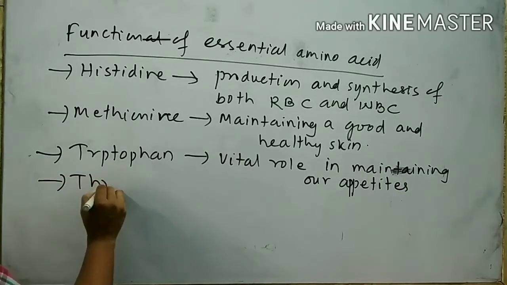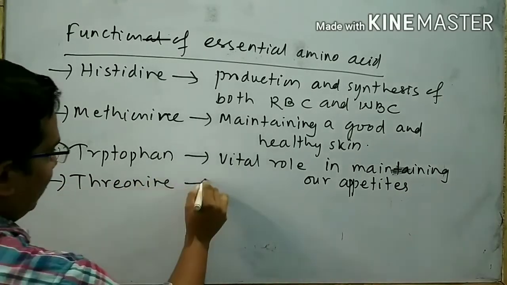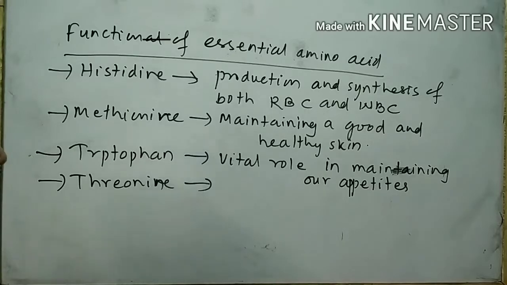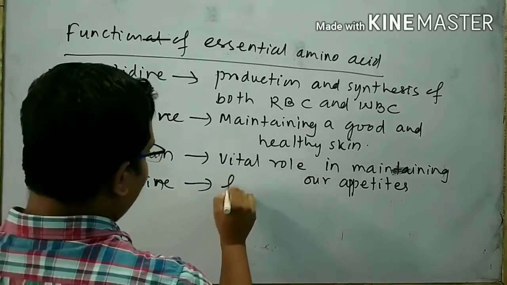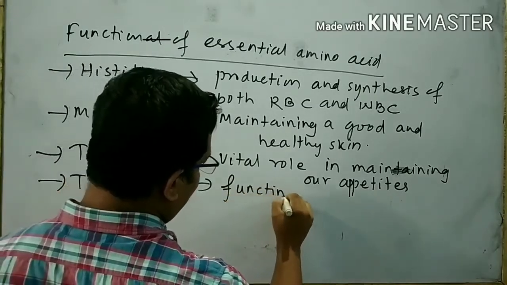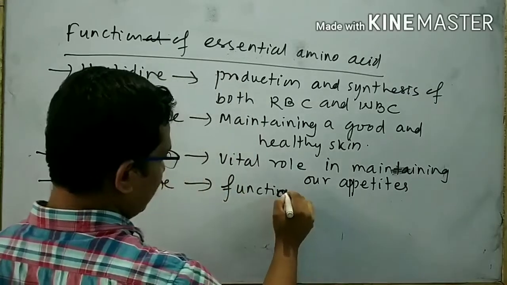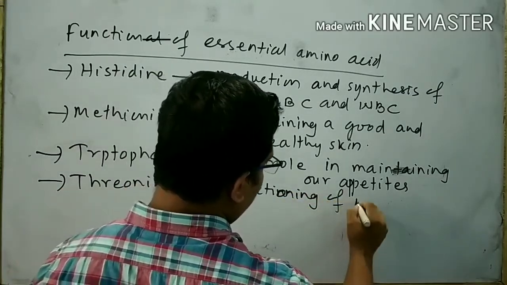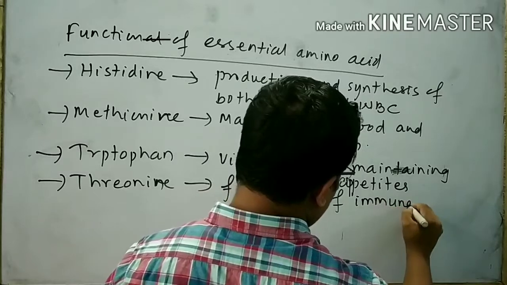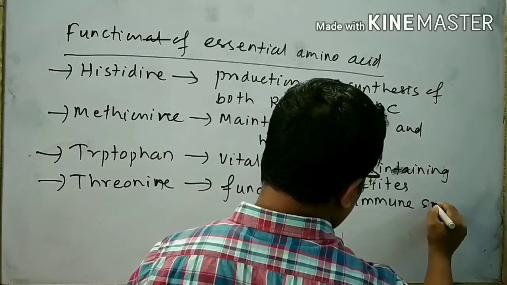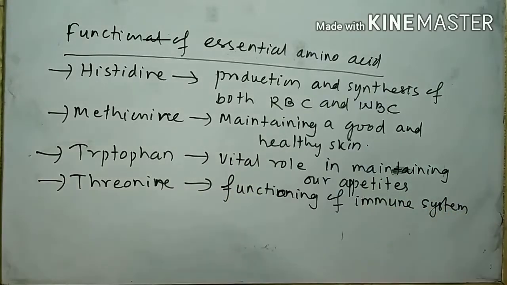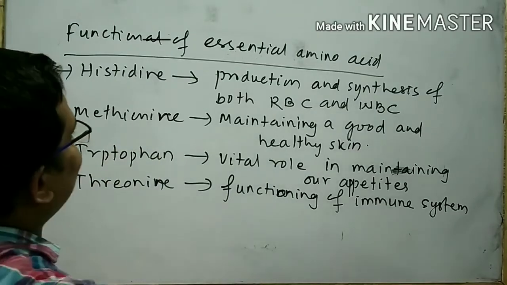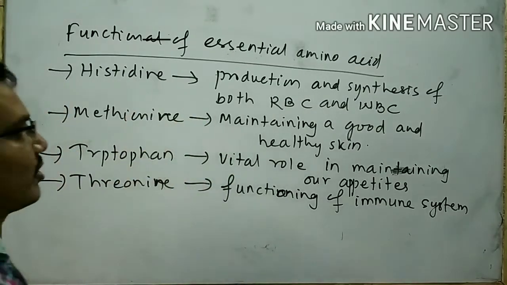Next is threonine. It is used for the functioning of the immunity system. These are the essential amino acids and their functions.